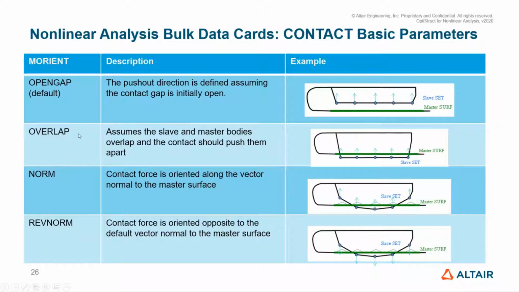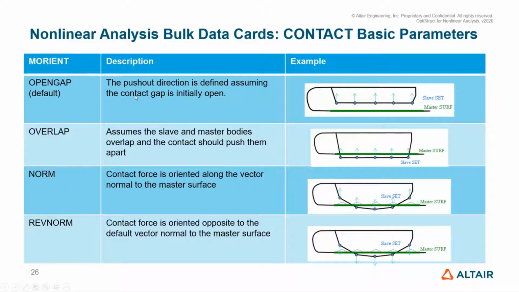So these two are seldom used. Open gap is common, but normally we also use normal most of the time, and reverse normal in case your contact or your element orientation is in the reverse. So just need to define this.